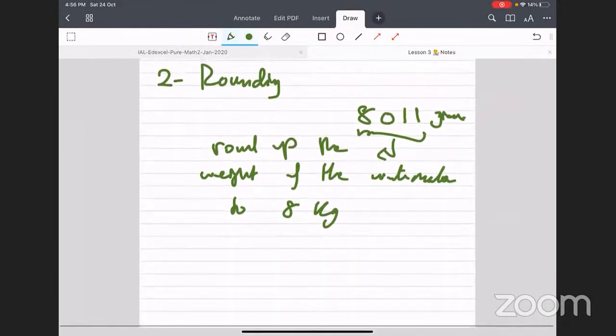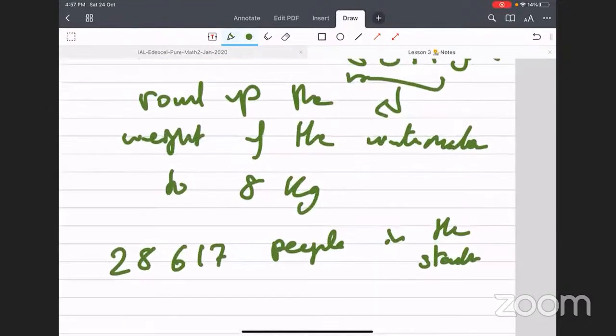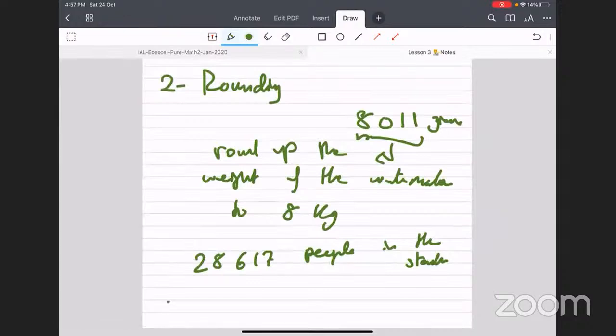So basically for rounding, assume you're in a football stadium and there are exactly 28,617 people in the stadium. So I want to round them to the nearest 1,000.